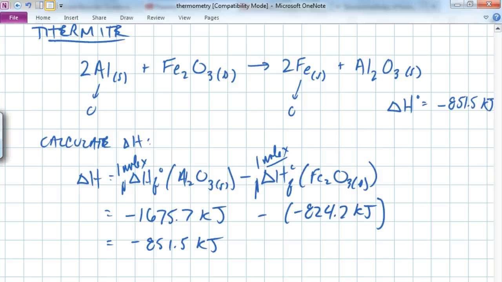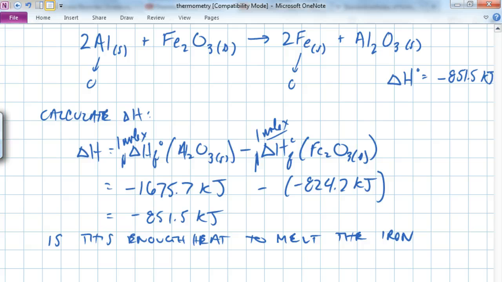Okay, now here's a question that we could ask. Is this enough heat to melt the iron? Now we're going to have to simplify this a little bit, because any substance is going to have a heating curve like I drew earlier for water, where you heat up the solid, you melt it, you heat up the liquid, then you boil it, and then it's a steam.